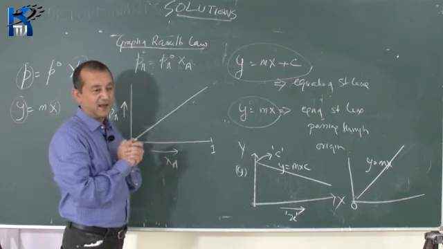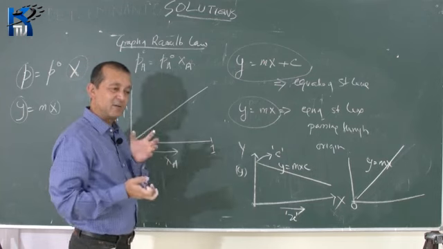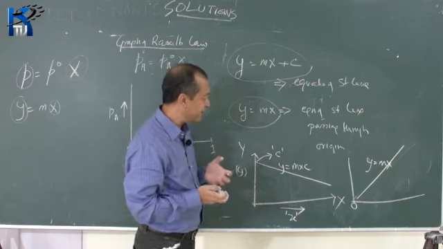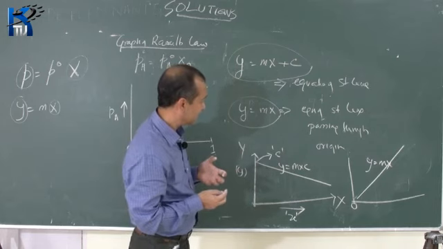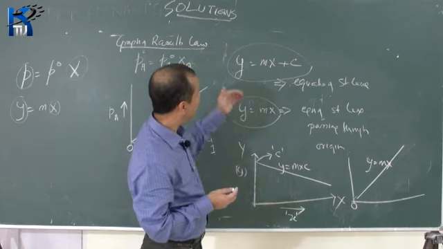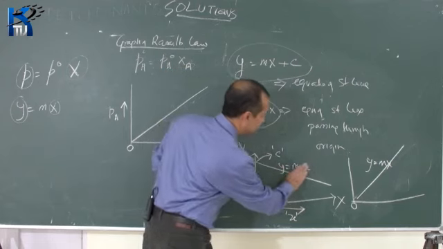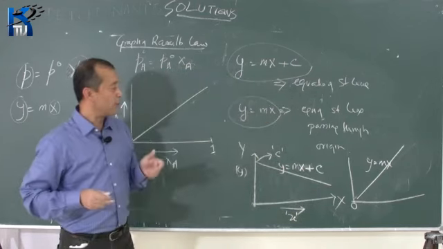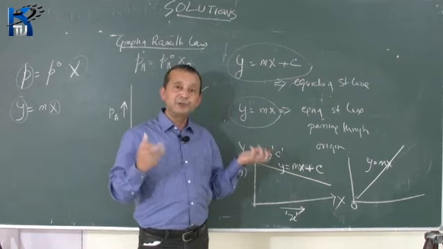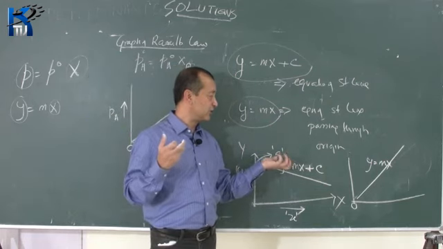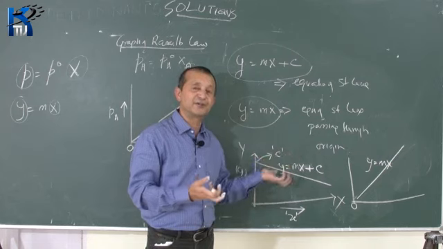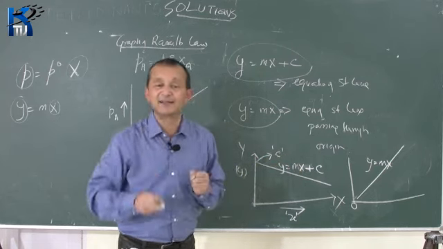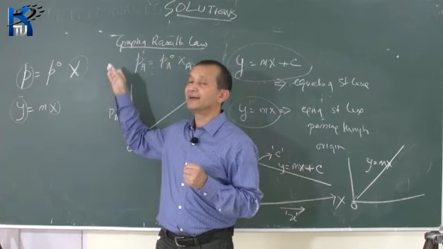Now what we are doing is we are trying to use the knowledge of coordinate geometry in predicting the graph of Raoult's law.